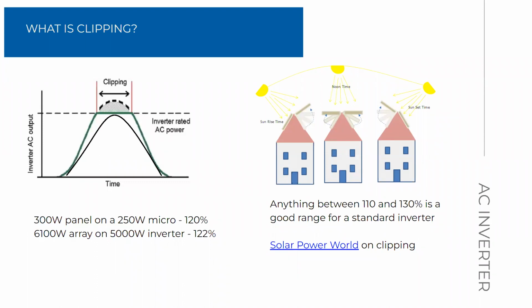Okay, we're going to start with clipping. So I'm going to start this discussion in a basic way. Let's just say the sun rises in the morning at 8 o'clock. At noon, high noon, we're getting the peak amount of sun exposure during the day, and then by 4 p.m. the sun is setting.